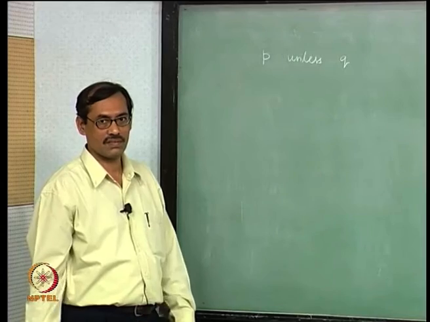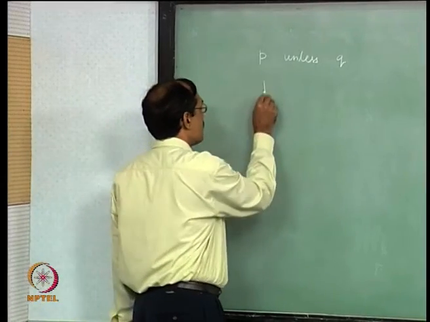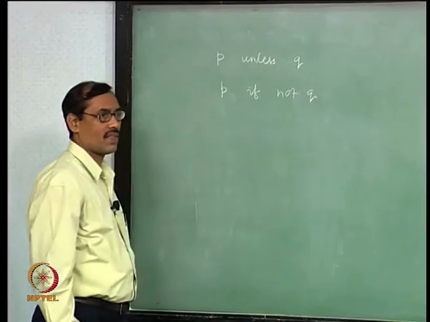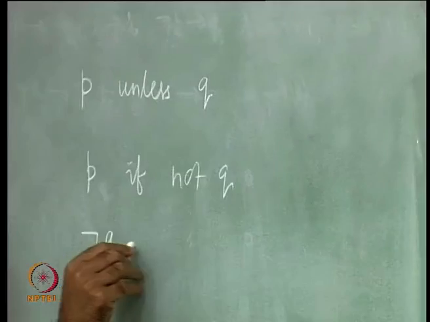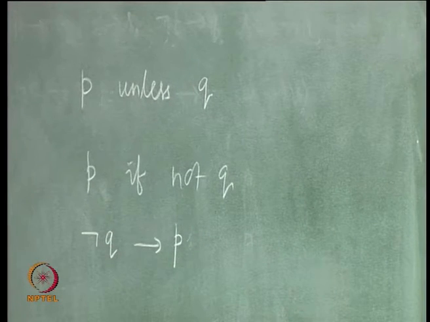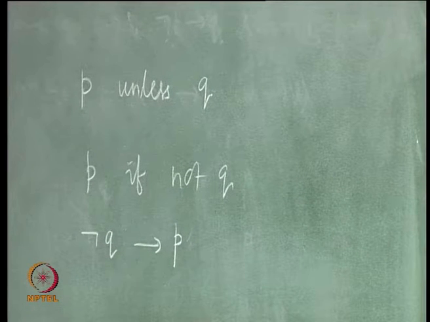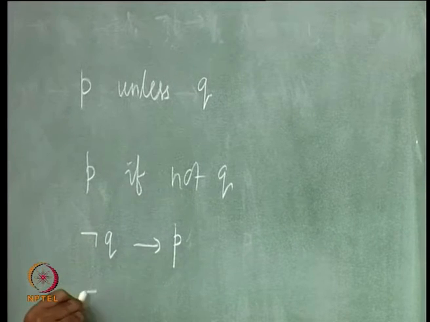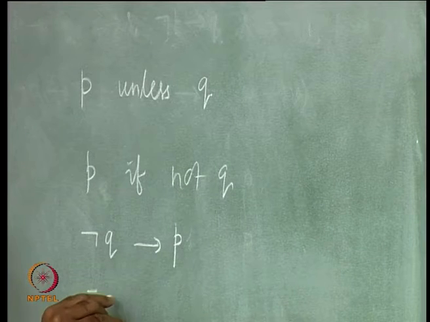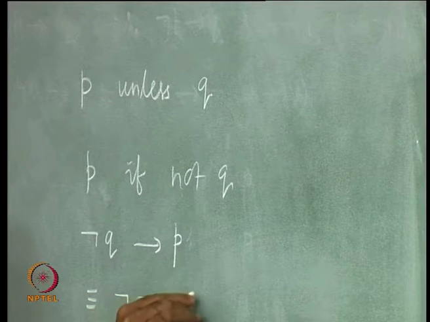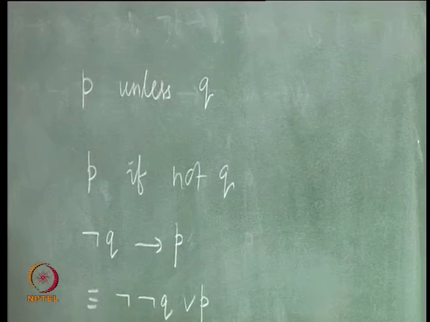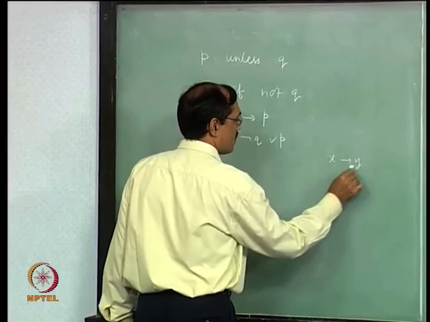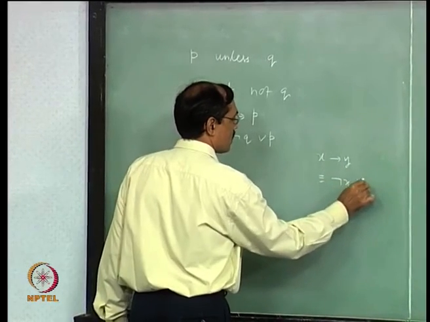So, let us write it that way, P if not Q, which is simply not Q implies P. Now, using the equivalences, not Q implies P will be equivalent to not of not Q or P, because we know x implies y is equivalent to not x or y.